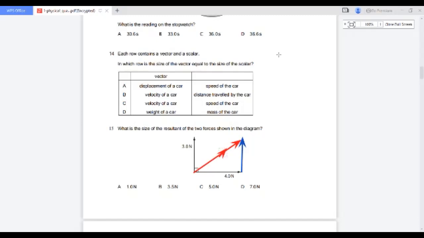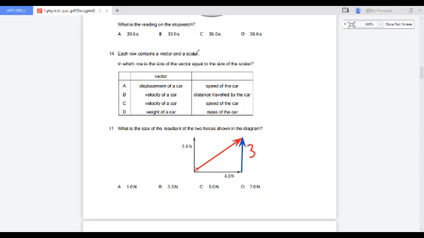We know the head to tail method. So it's a kind of right angle triangle, and this one would be 3 centimeter, this is 4.